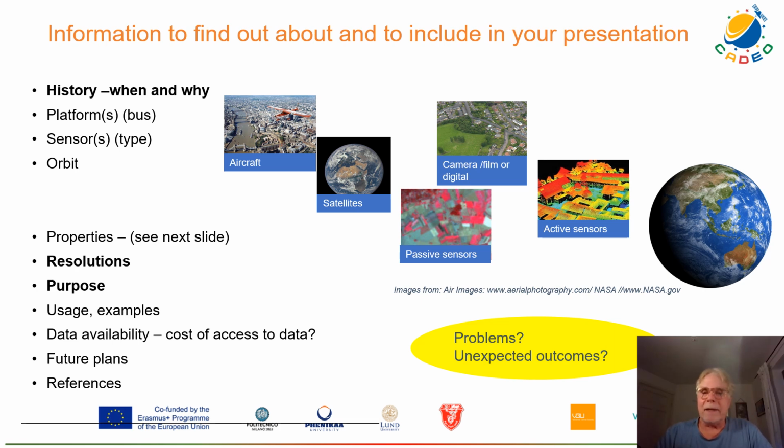What are the future plans for continuation of that program? And what are the references? Where did you find information about these sensors and platforms? Are there any problems related to the satellite sensor?